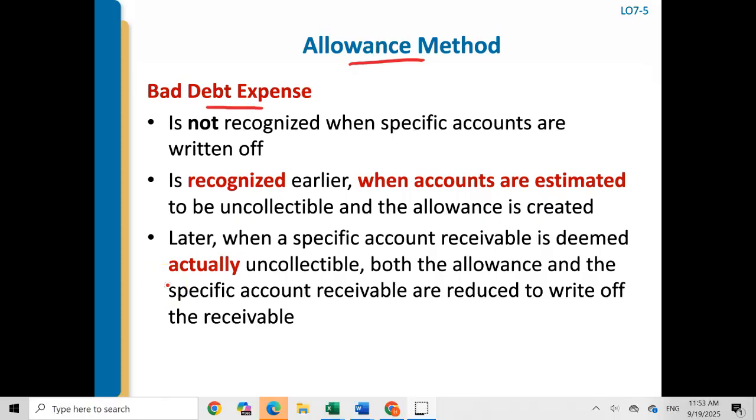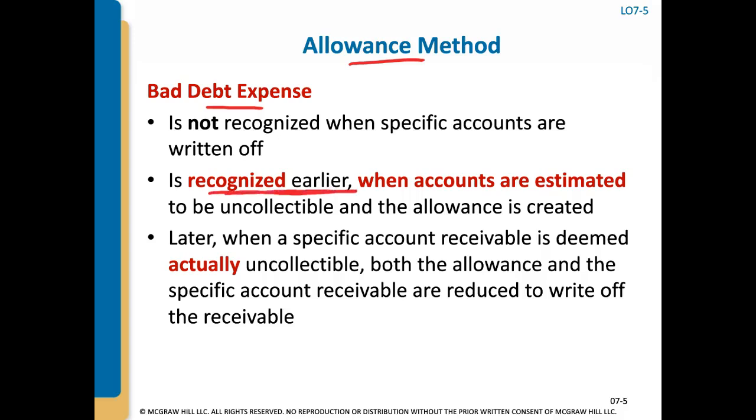So the bad debt expense is actually recognized earlier than in the direct write-off method because we're estimating how much will be uncollectible. Later, when we see that this account is actually not going to be collectible, then we just have really a balance sheet transaction between accounts receivable and the allowance for doubtful accounts. And we'll go through that.